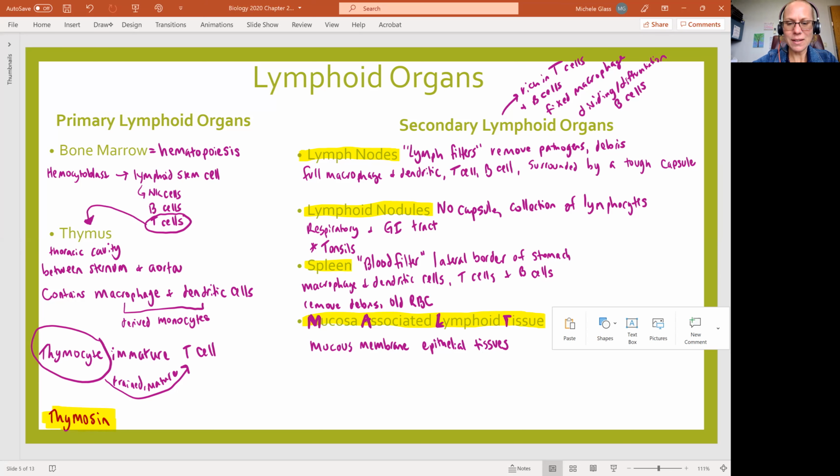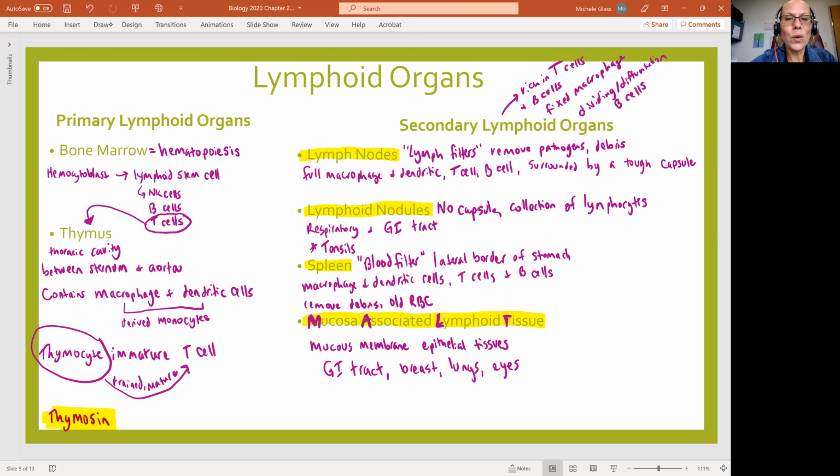The MALT, the mucosa-associated lymphoid tissue, is this collection of lymph tissue that's found in the mucous membrane of epithelial tissues, and we'll see this in the gastrointestinal tract. We'll see it in breast tissue. We'll see it in lungs. We'll see it in the eyes.